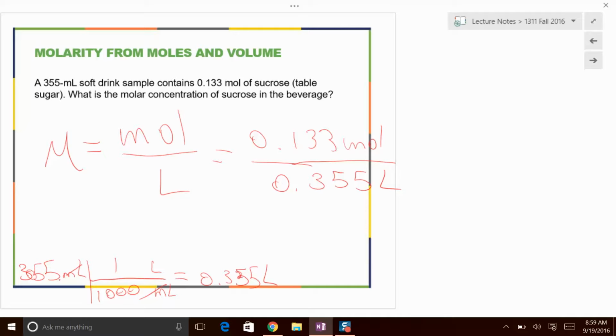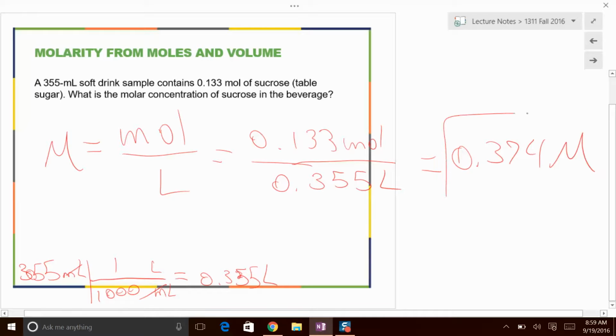So 0.133 divided by 0.355, what is it? What's the molar concentration here? 0.374 molar. So that's my molar concentration.